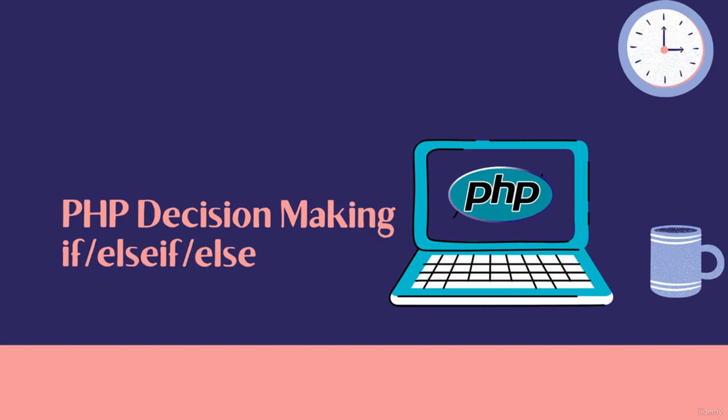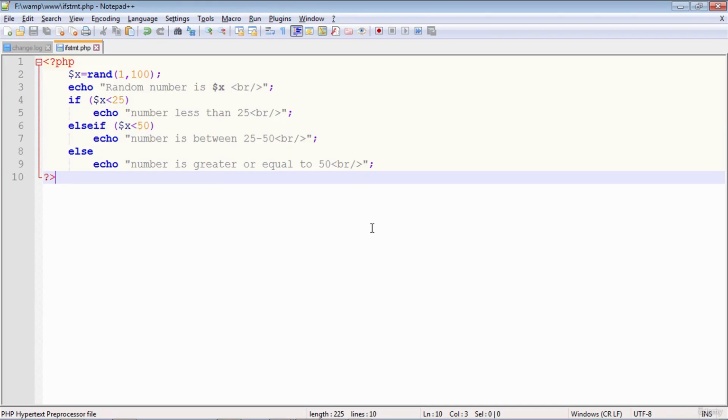In this video, we shall have a look at the different decision making statements that are available in PHP. So this example is used to demonstrate the behavior of if, else if and else, the conditional statements in PHP.